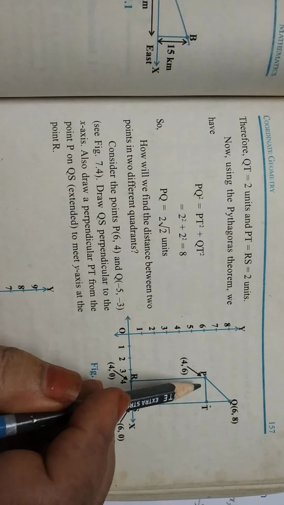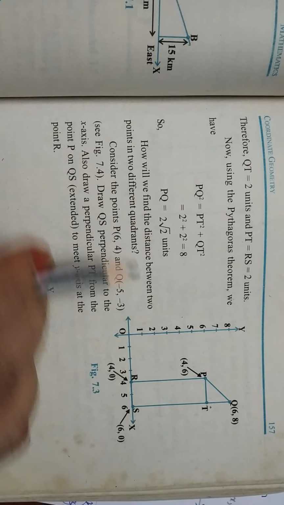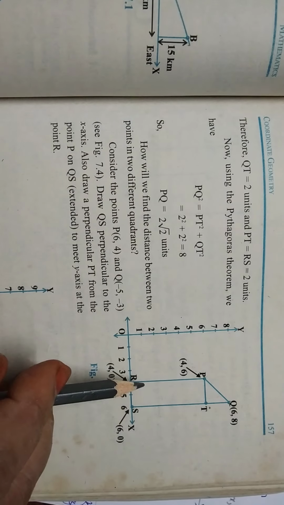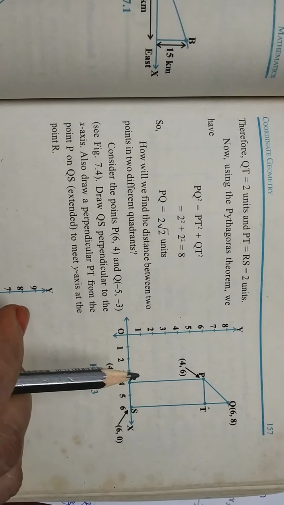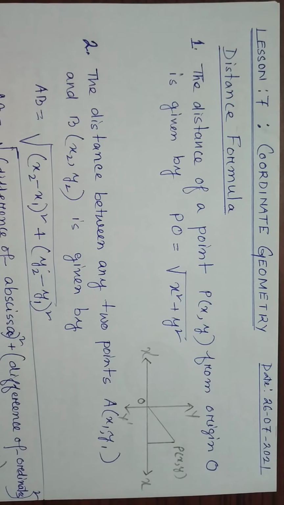In term 1, only MCQ is there, and there is no derivation of this formula. That's why we will explain only these two formulas. With the help of these formulas, we can solve exercise 7.1.